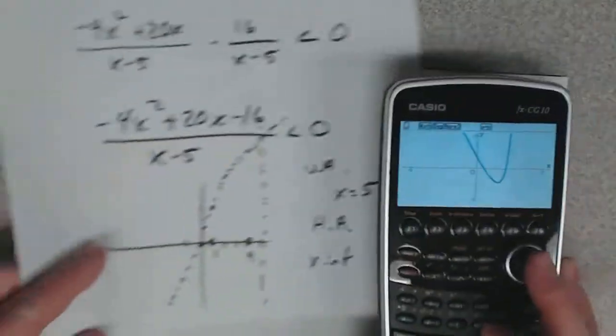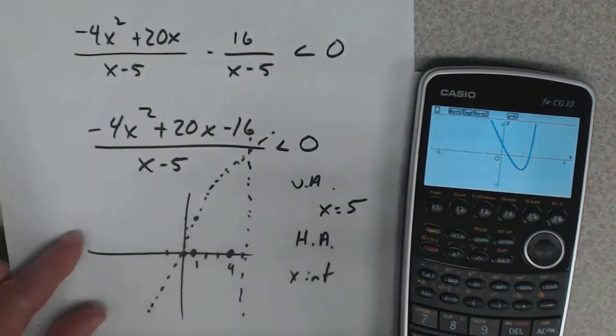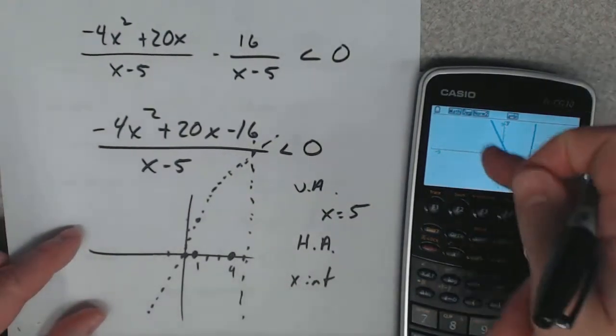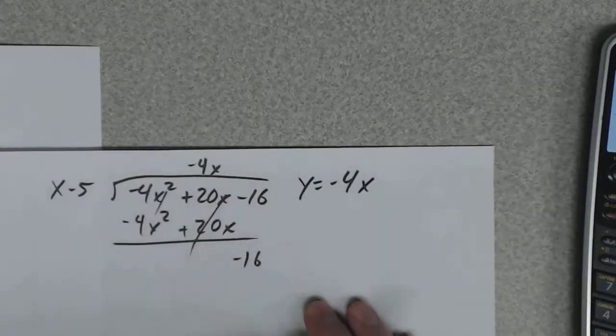It's interesting. So, oh shoot. I did a positive 4x there. My horizontal asymptote is a negative 4x. I made a mistake. Oh no. Let me redraw my graph here.